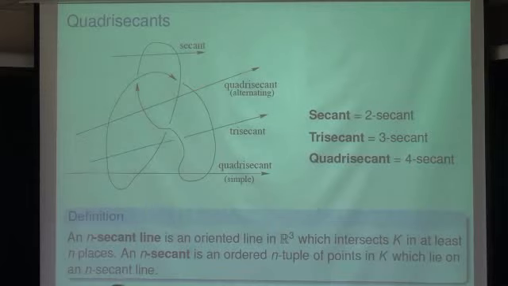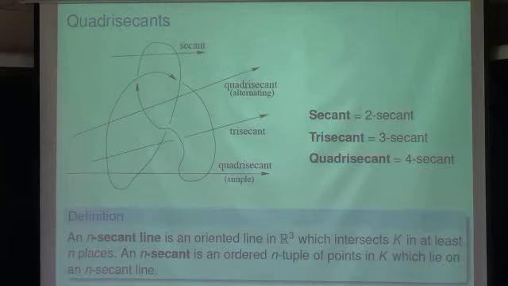So if the knot is generic, meaning reasonably nice, and we think about 2 points on our knot, there's a 2-dimensional family of secants. If we add in another point, it's a 1-dimensional family.